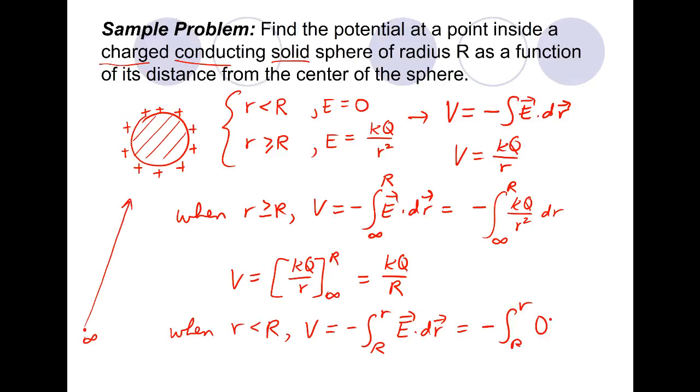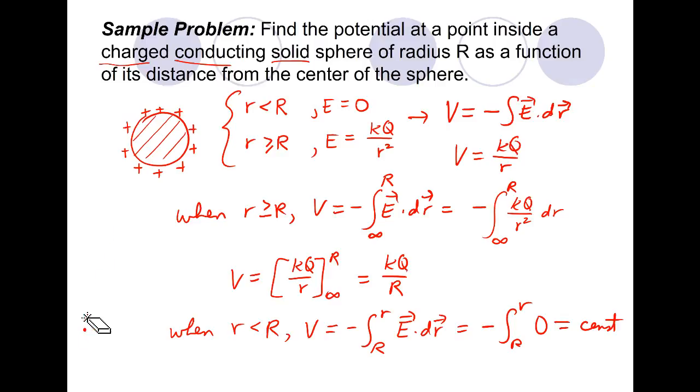So what's the integral of 0? It's just a constant. And that means that there's no change in potential as we move inside of the sphere, because there's no electric field.